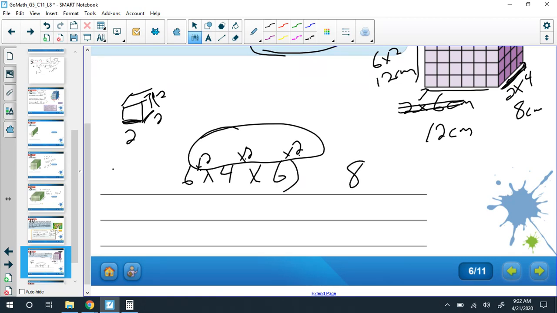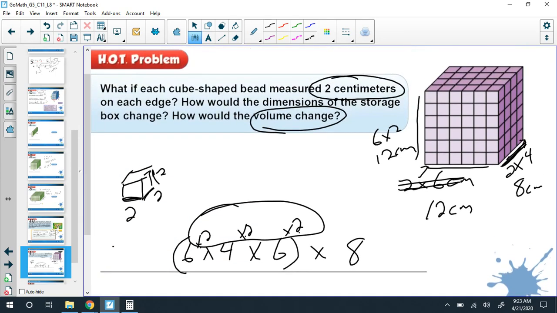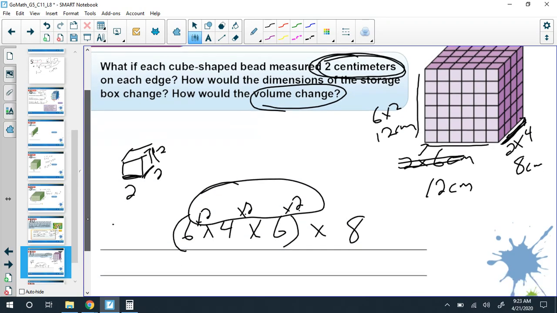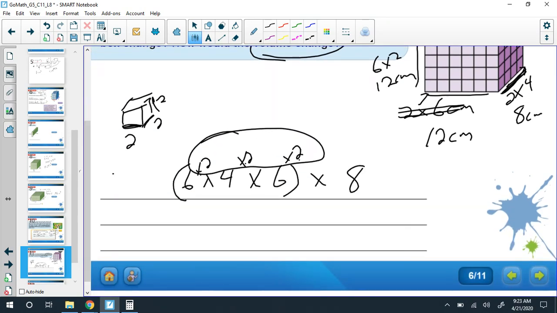So we took the volume of the original rectangular prism, and we're multiplying that by a factor of 8. So if we took each bead and we doubled the length, height, and width of each bead, we don't just double the volume, we increase it by a factor of 8, because 2 times 2 times 2, because we have to double the length, we have to double the width, and we have to double the height.